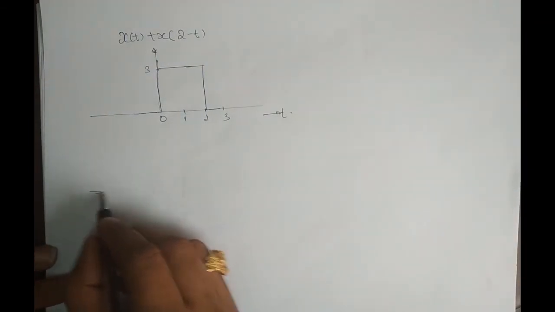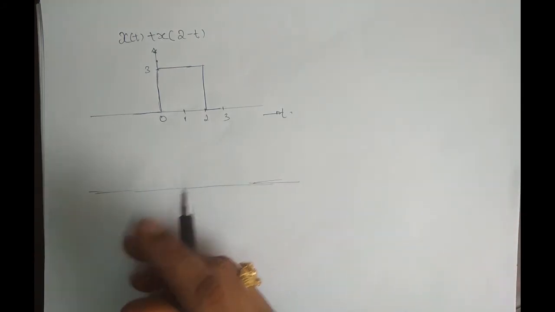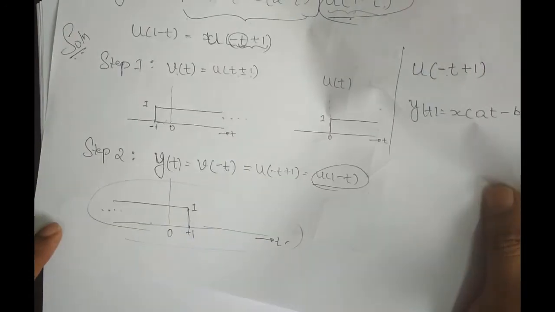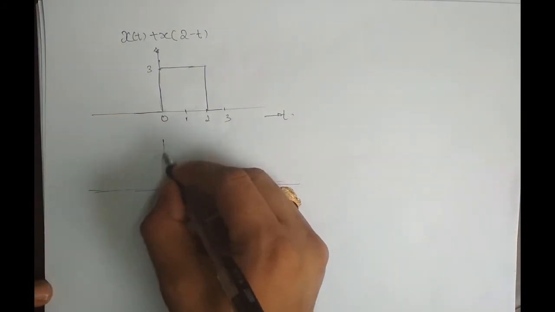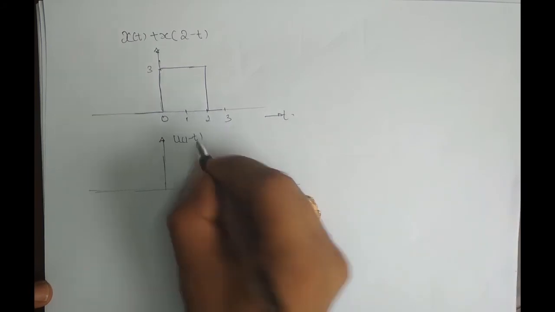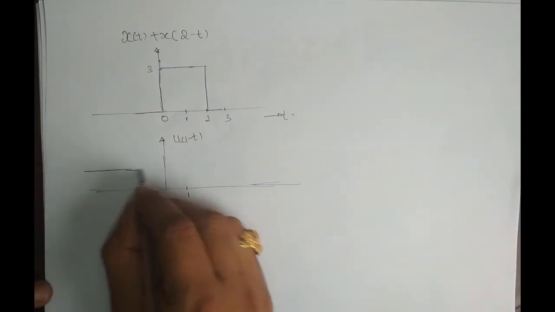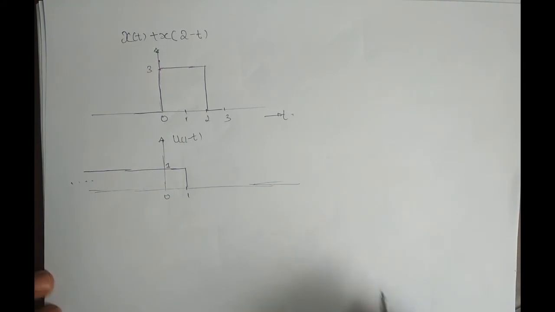This has to be multiplied, mind you, it's not added, it has to be multiplied with u of 1 minus t. Now how does u of 1 minus t look? It looks like this, right? It is defined for t varying from minus infinity to plus 1 and its amplitude is 1, right? So this is u of 1 minus t. It is plus 1. Its amplitude is 1 for t varying from minus infinity to plus 1, right?